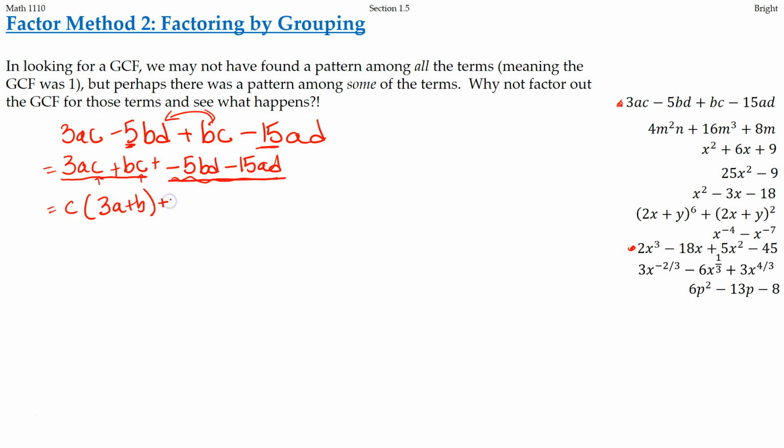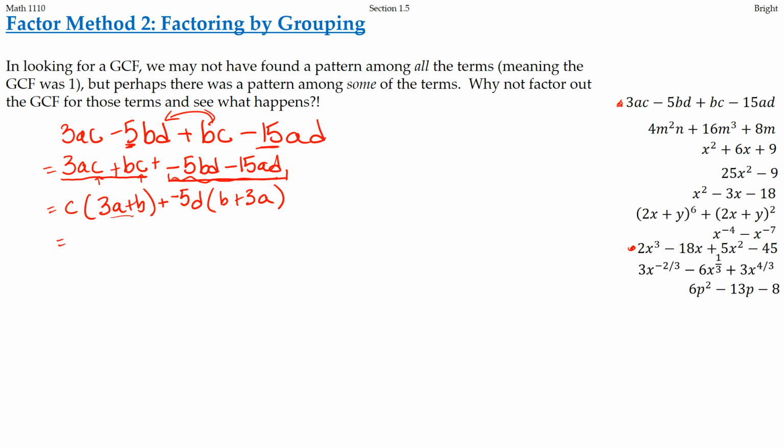So I'm going to change this to plus, and then from the second set of two terms, let's see what is in common. Well, they have a D in common, and a negative 5. So when I take out that negative 5D, I'm left with B plus 3A, which is precisely this first term, just in a different order.